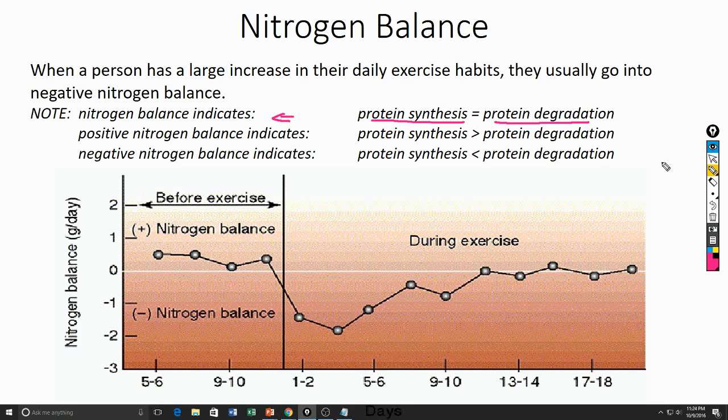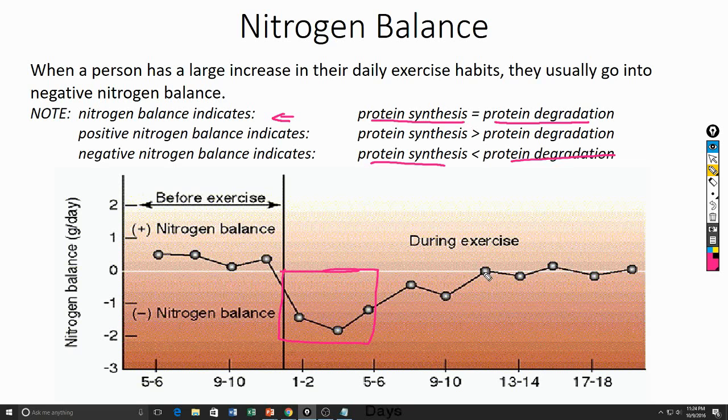Whereas if you are in a catabolic state, okay, catabolic meaning you're burning more protein than you are making protein, what you're going to see is something like this, right here, where compared to where you started, you have less nitrogen coming in versus leaving your body. So you're in a negative state.